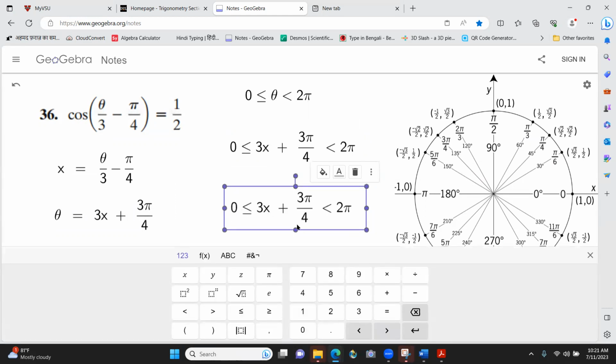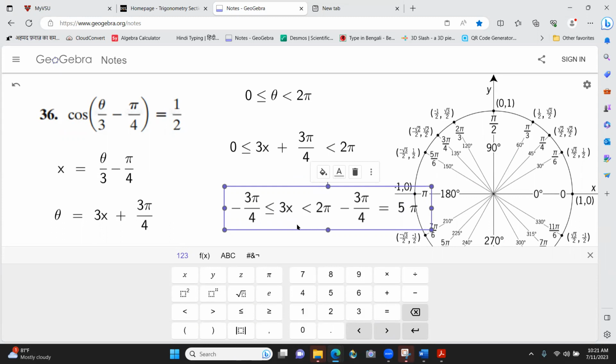This side will be this. And 2 minus 3/4. 2 minus 3/4 is 1 1/4. And 1 1/4 is 5/4.